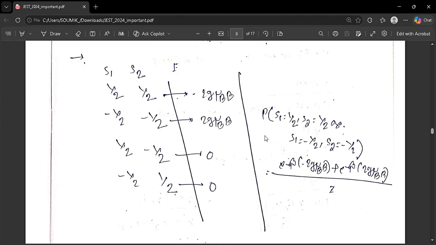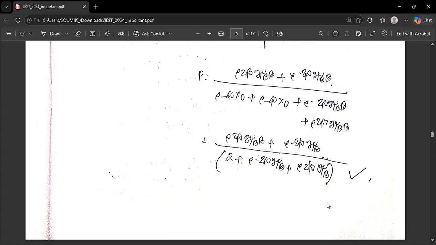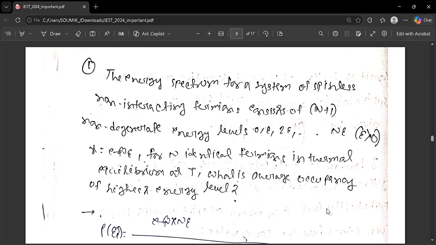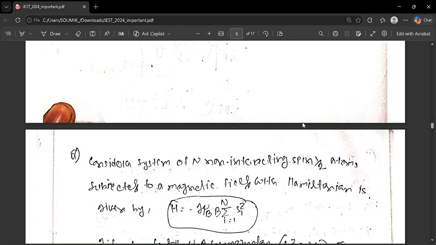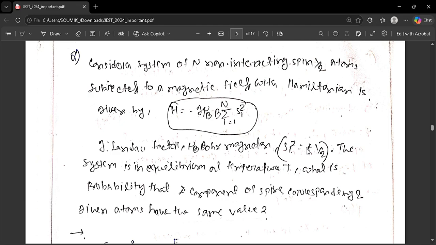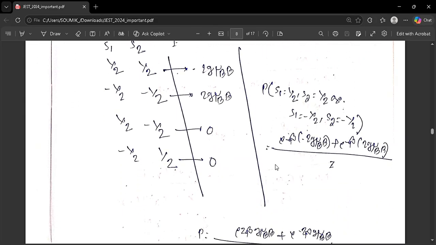From this, when the two atoms have the same z spin value, I am getting this result. You have to practice this type of question more and more. This type of question is often asked in CSIR NET and JEST, very frequently. It is a very common question, but a good question.